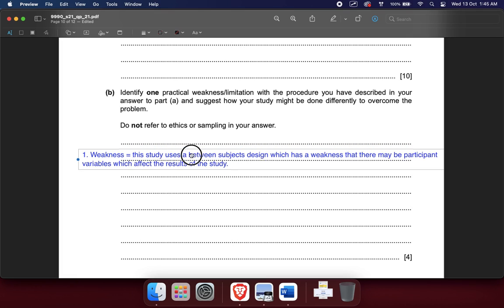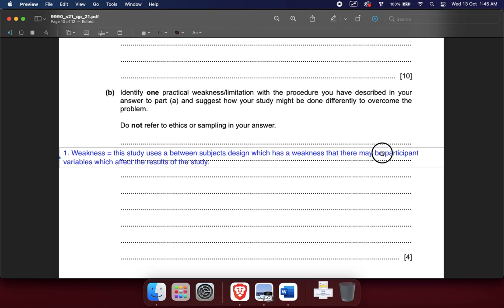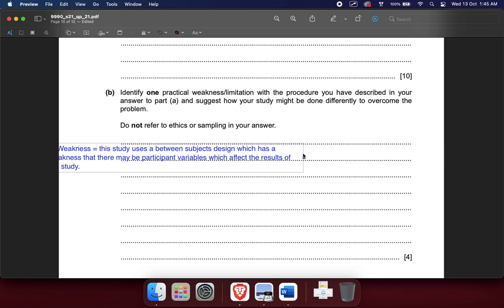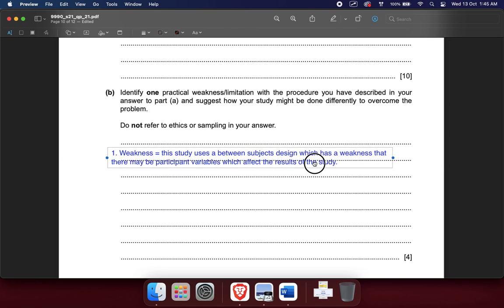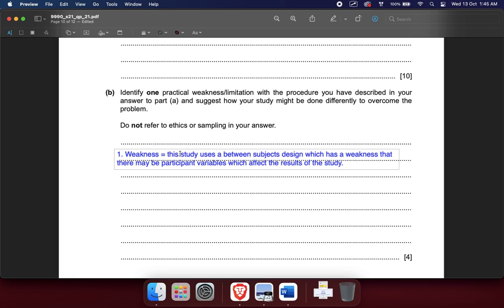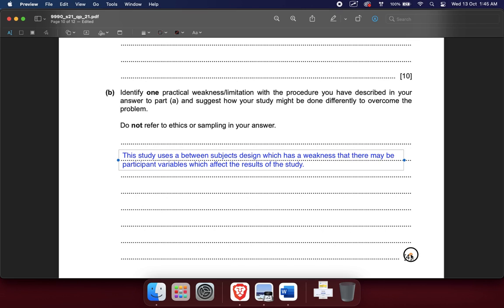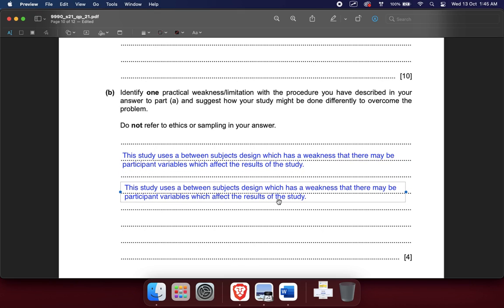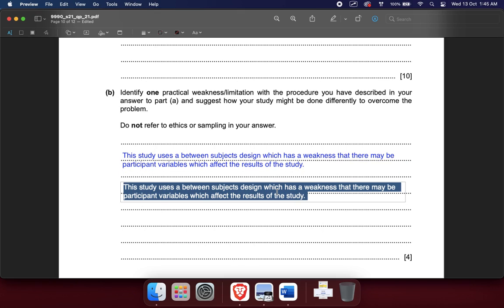So firstly, identify what the weakness is. Right, so that's the weakness. 1 mark. Let's try and explain that weakness a bit better. So we're going to elaborate on this.